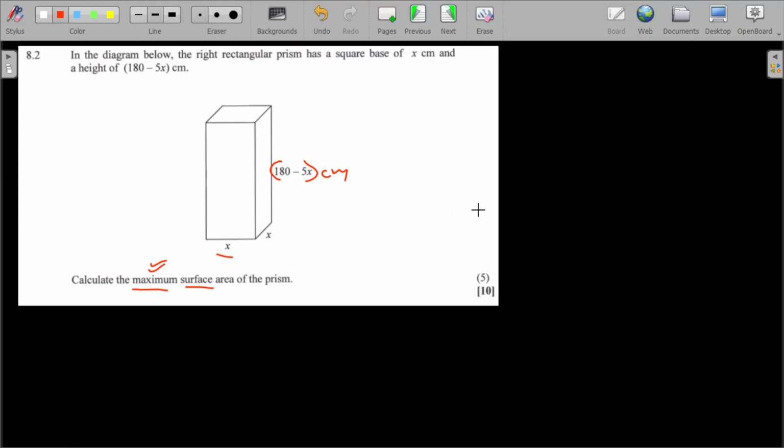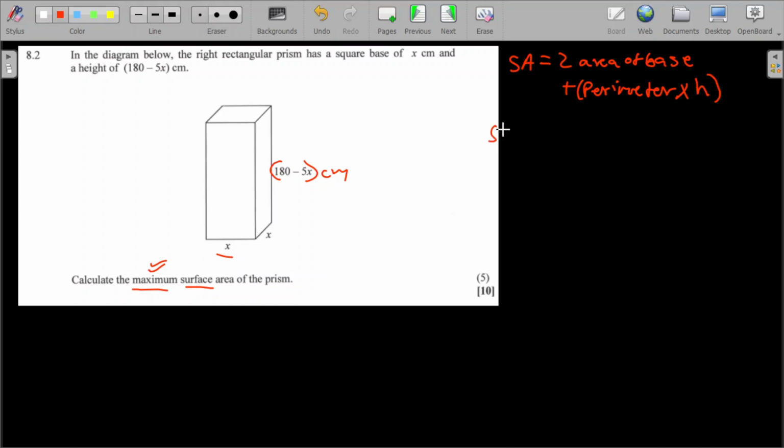So first thing, how do we calculate the surface area? Surface area is 2 times the area of the base plus the perimeter times our height.